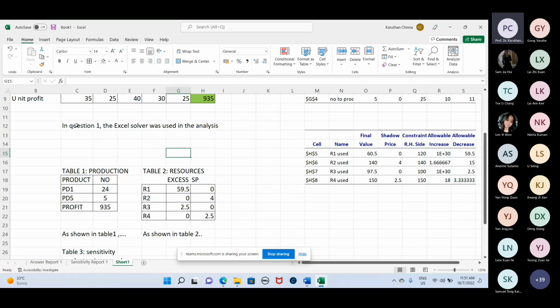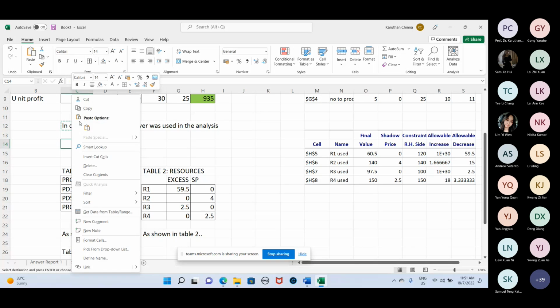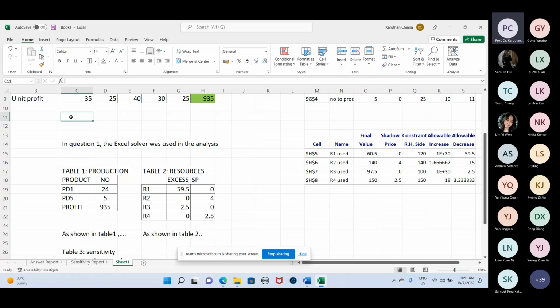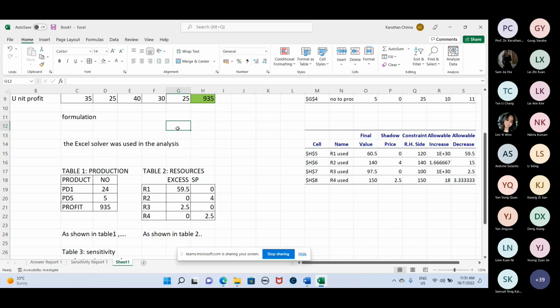But of course, you formulate first. Formulation. Question 1, give me the formulation first. Then tell me how we solved. The Excel solver was used in the analysis. Next will be the results.